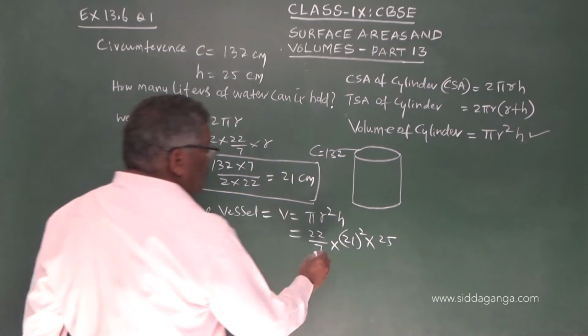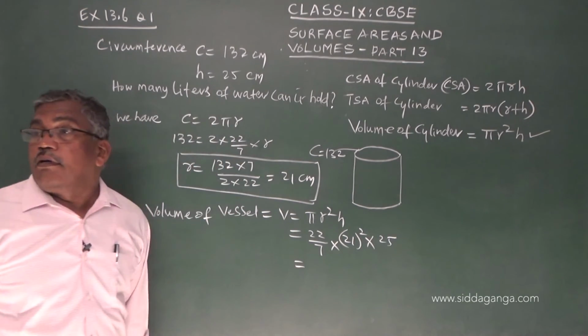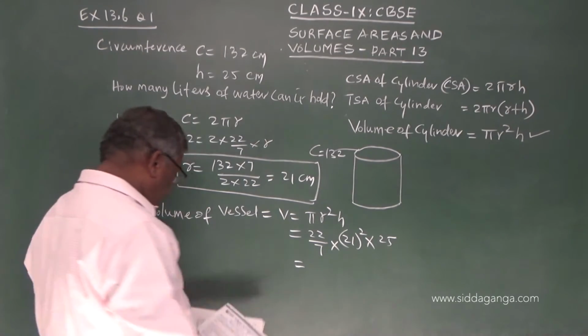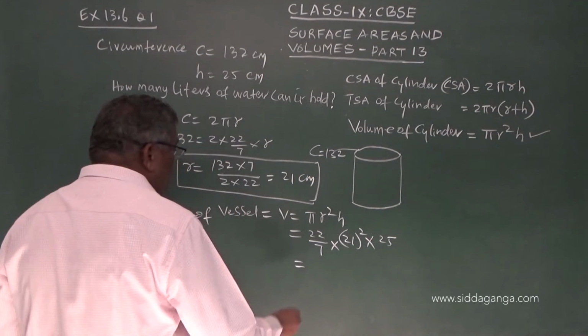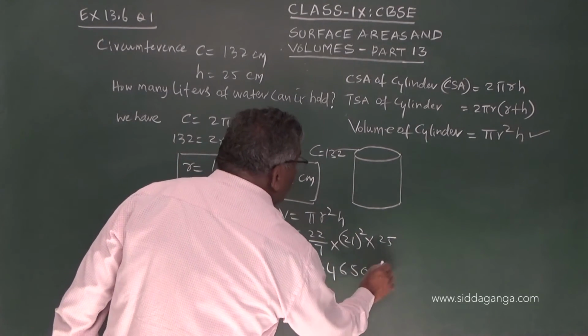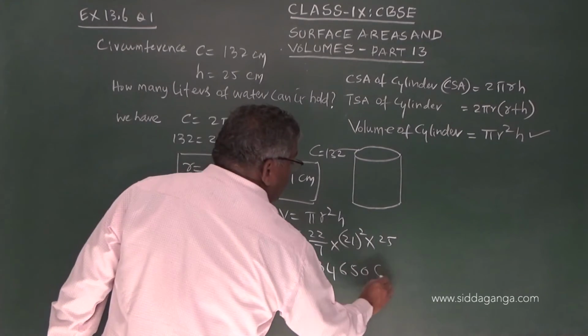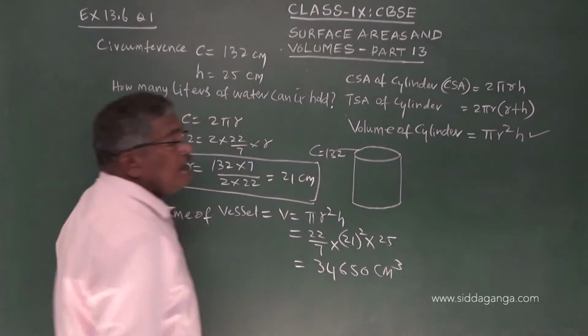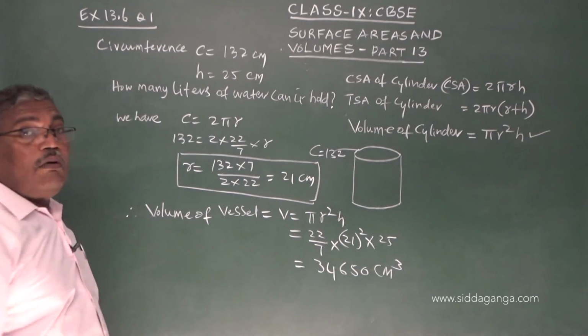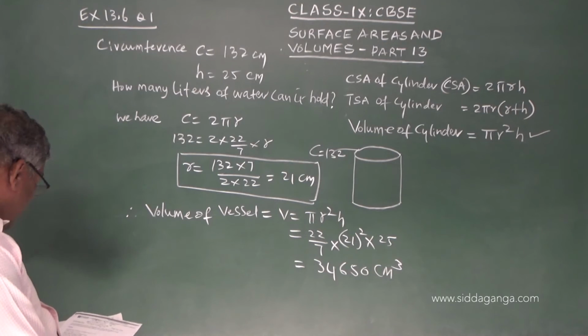So this gives us 34650 centimeter cube. So this is the volume in centimeter cube.